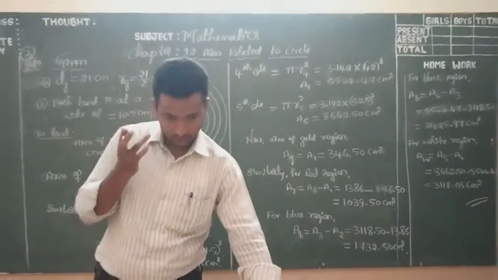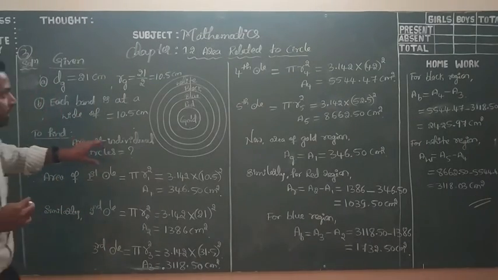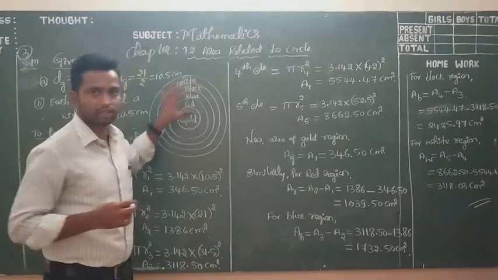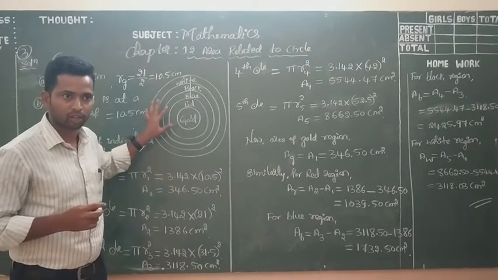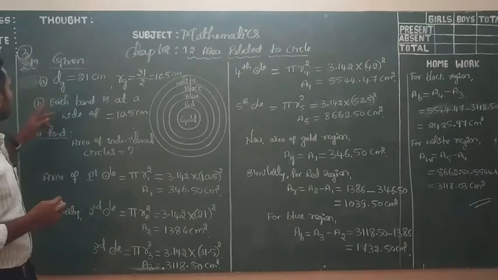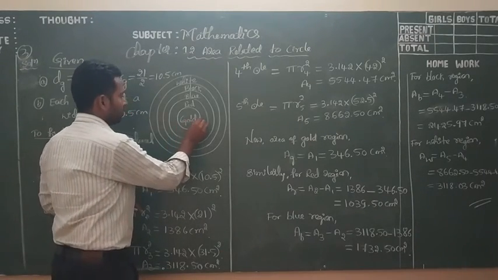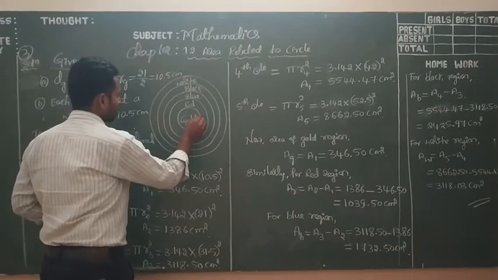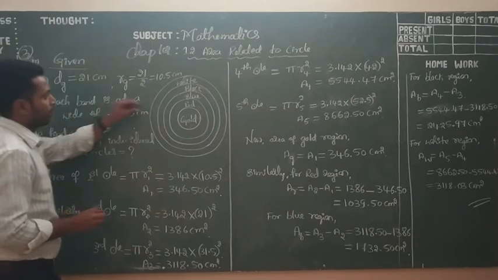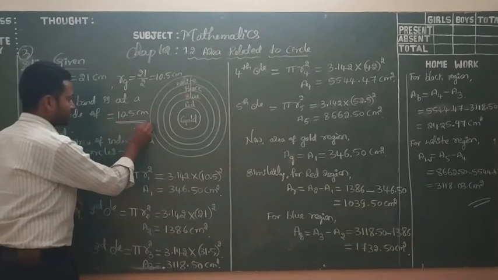Okay. So in this question we have to calculate the area of the individual circles by use of 2 points. One is the radius of this gold circle, which is given in the question, and another is that these bands are separated by a width of 10.5 centimeter.